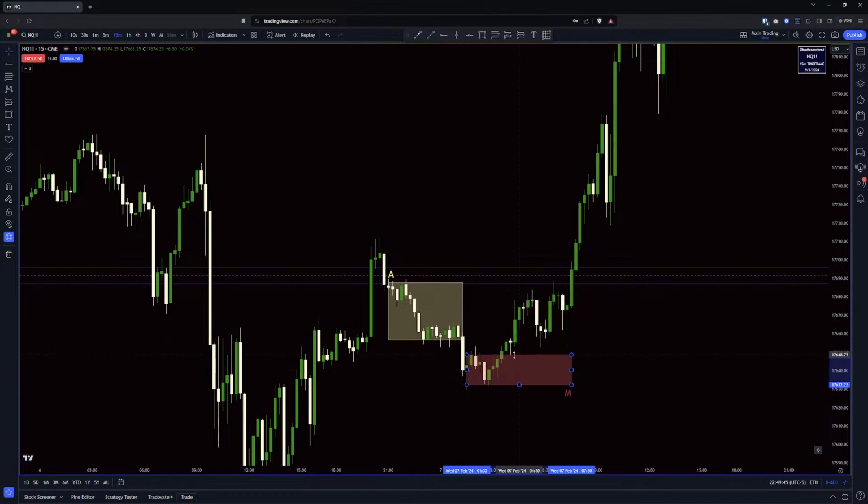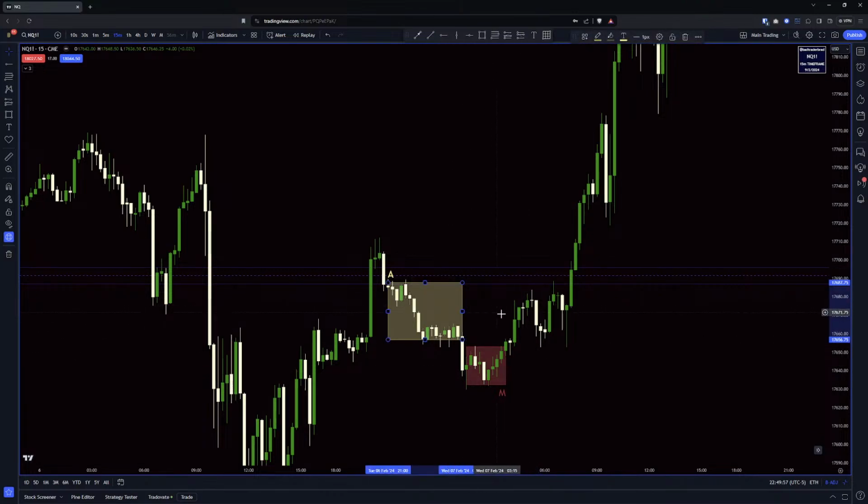I mean, this makes way more sense. But it's like we get another accumulation stage here with its own manipulation, which I guess that makes sense.